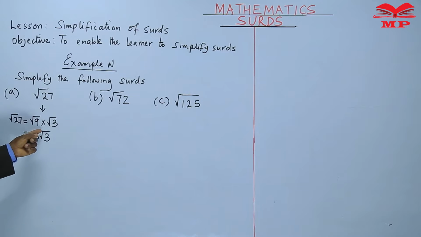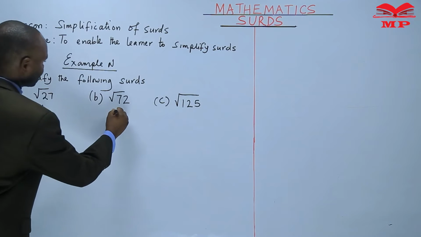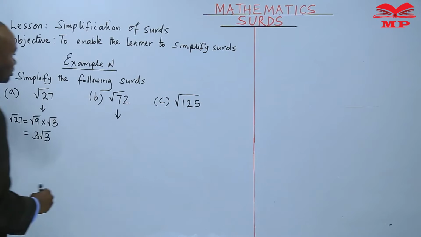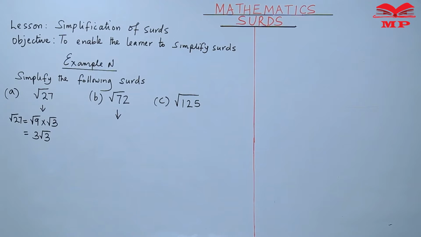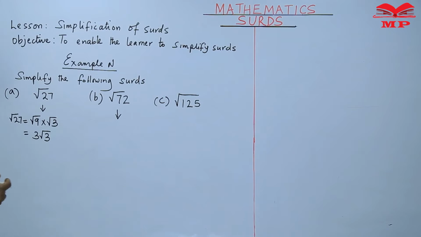But it is the square root of 3 that qualifies the answer to be a surd, because square root of 3 does not have a perfect root. We move to the second one, learner. Square root of 72 qualifies to be a surd because it does not have a perfect root.